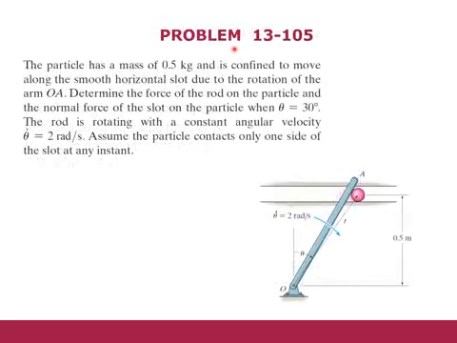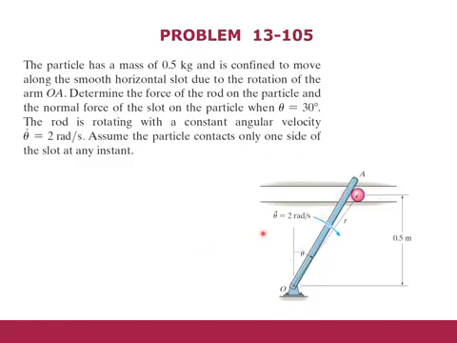So let's start solving a problem, which is problem 13-105 of your R.C. Hibbeler. In this problem you can see that we have a particle which has some mass and it is under the influence of the forces, and we are using this cylindrical coordinate system to analyze the kinematic parameters of the motion. We have this rod, and we have this horizontal slot in which this particle can move, and this is the rod which is pushing the particle in the horizontal direction.